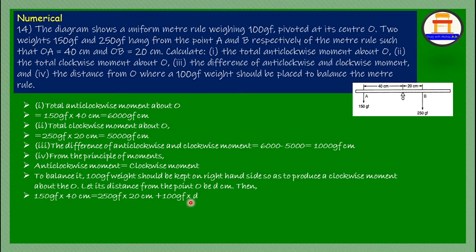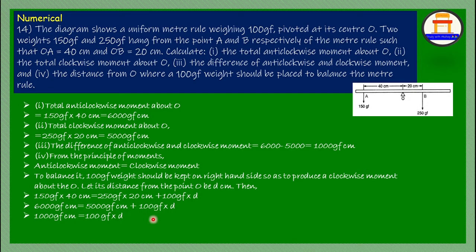Again, we use the same procedure, there is nothing different. 6000 GF equals 5000 GF plus 1000 GF into d. Next, 1000 GF is equal to 100 GF into d. Sorry, I mispronounced it; it is 100 GF into d.